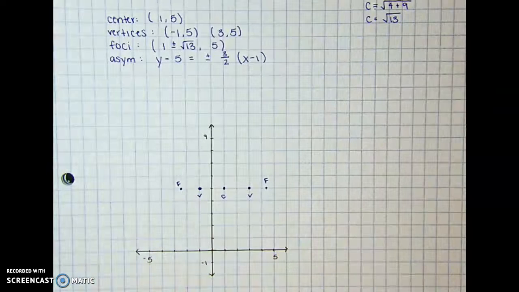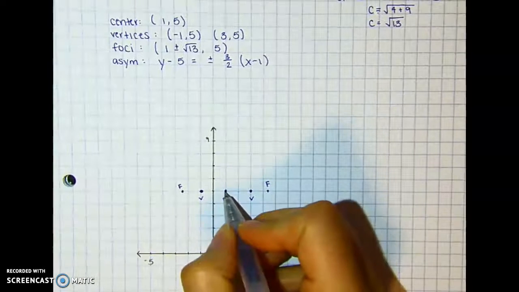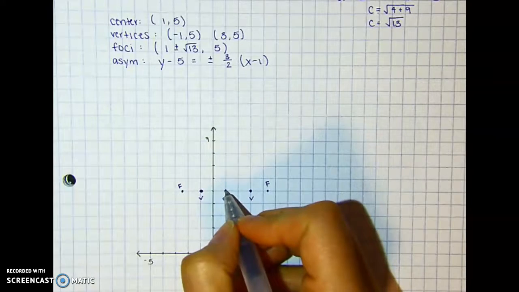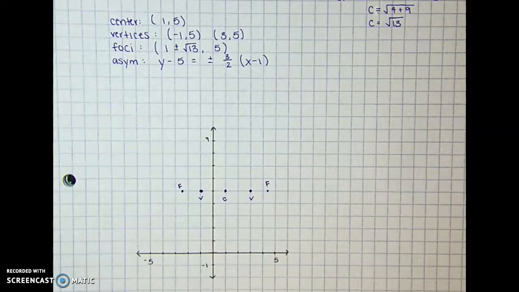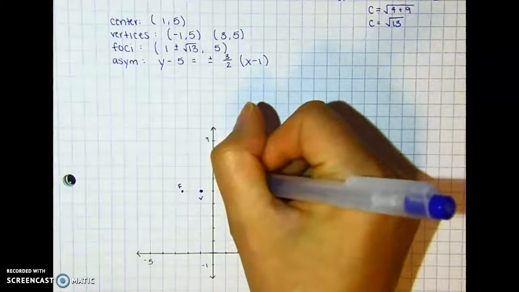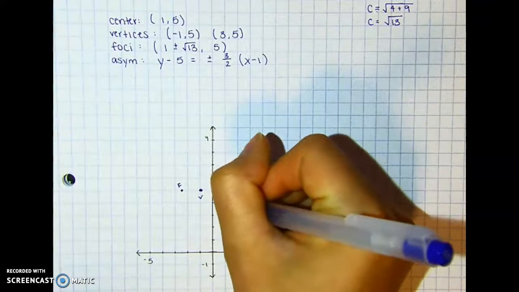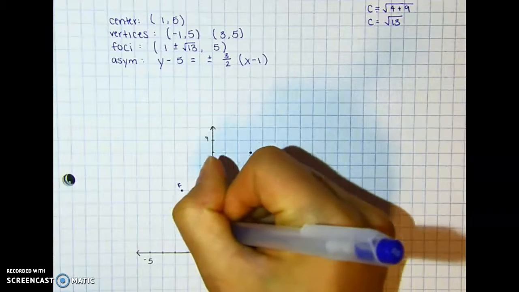Okay, before I make the shape of my hyperbola, at this point, we should graph our asymptotes. So basically, from the center, you're just going to use your slope. So we're going to go up 3, right 2, and then from the center down 3, left 2.